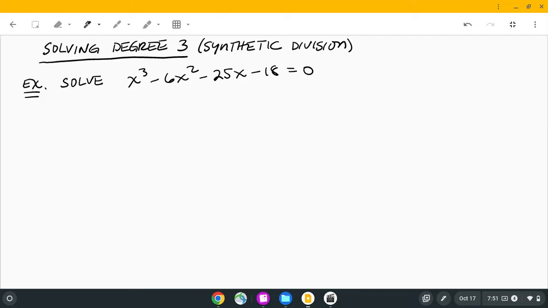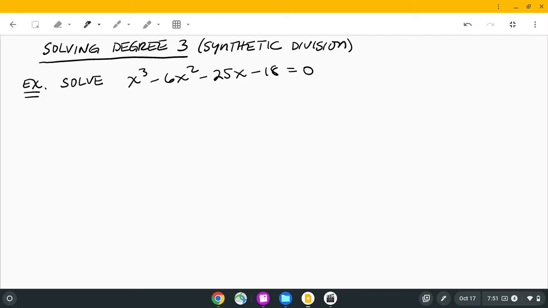Okay, so the way we go about this is by putting together what you've learned yesterday or the last lesson and the lesson before it. So we are going to be using synthetic division, which you learned a few days ago, and we're going to look at making our list of possible zeros, which you did yesterday.